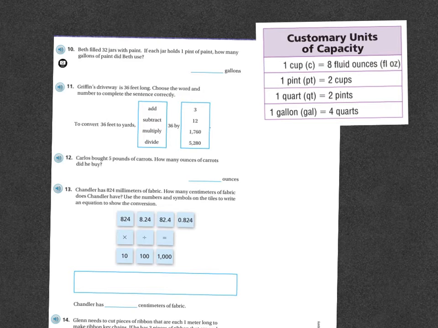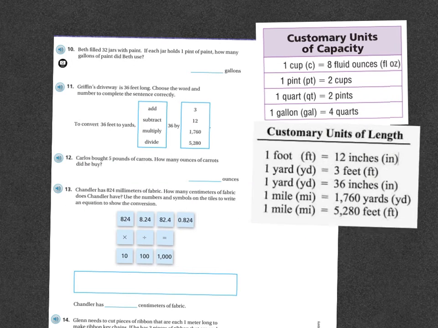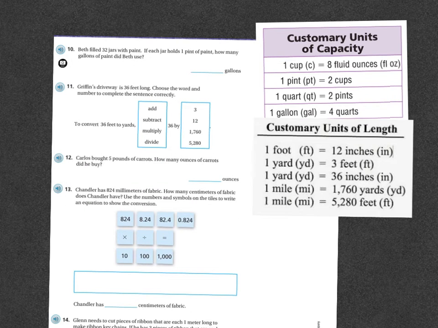Sorry, boys and girls, bear with me for a minute. Okay. So, to convert 36 feet into yards, do you have to add, subtract, multiply, divide? Well, we know it's not going to be add or subtract. You have to multiply or divide 36 by, and then circle the correct answer.